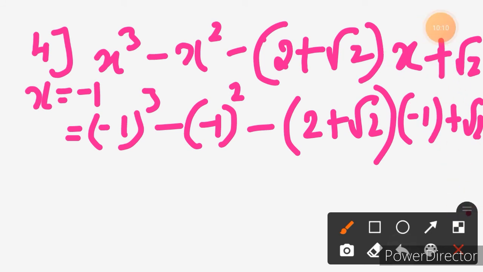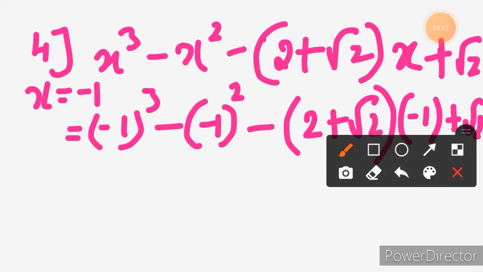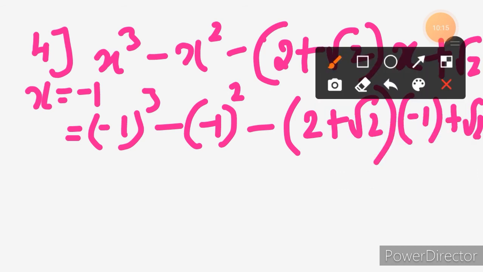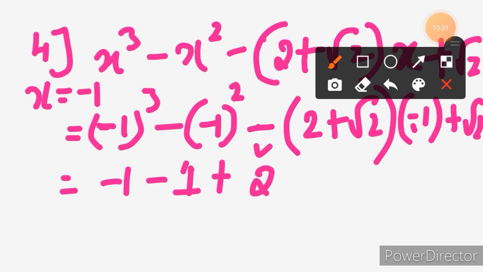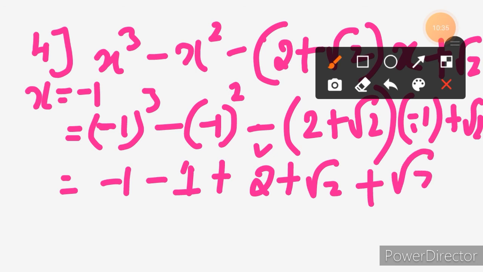Now what we do is we'll just solve this step by step. Minus 1 whole cube is minus 1 again, minus 1 whole square is plus 1 again, minus into minus plus 2 plus root 2 plus root 2.